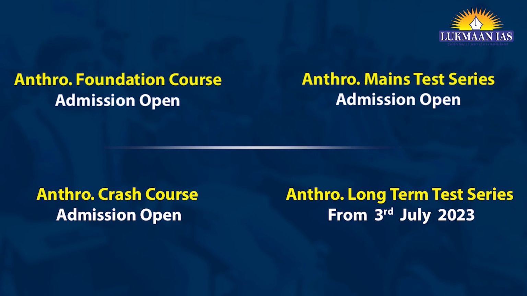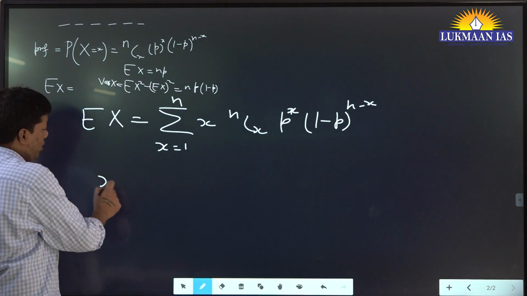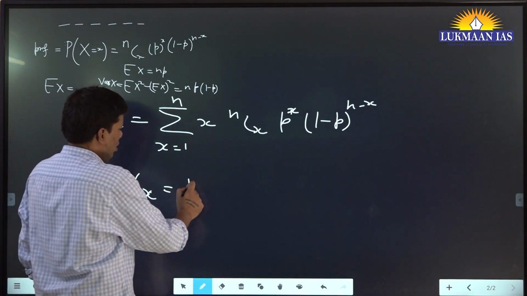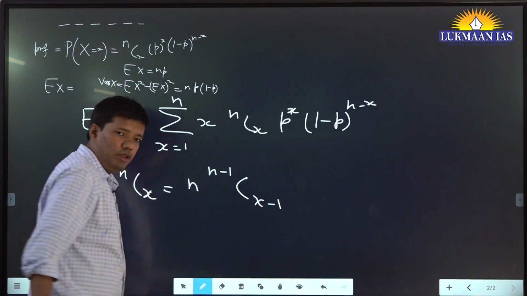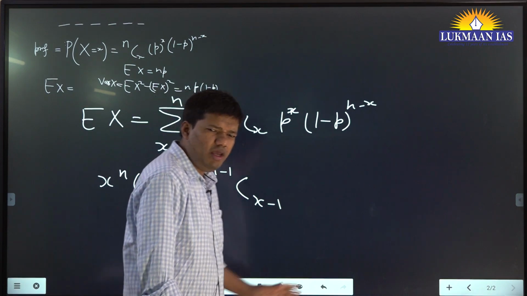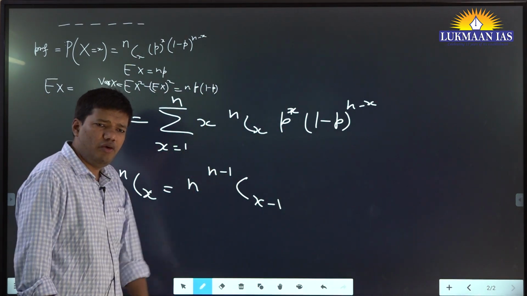And how did you solve it? One was the identity. I will not solve it, but you know x nCx is equal to n into (n minus 1)C(x minus 1). This identity you will use, and then you will put x minus 1 is equal to y, and then you will get the expected value.